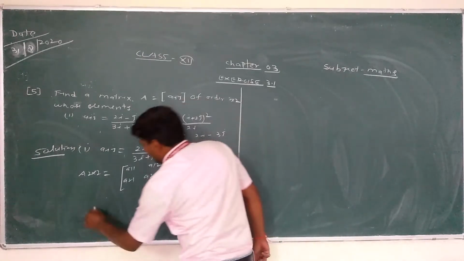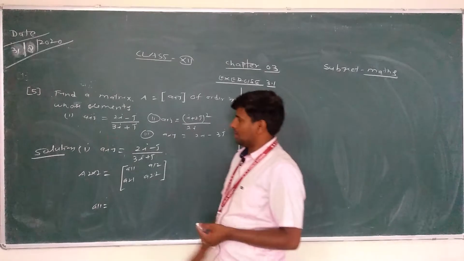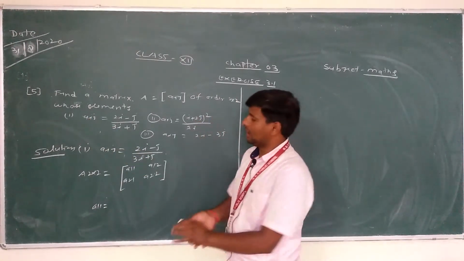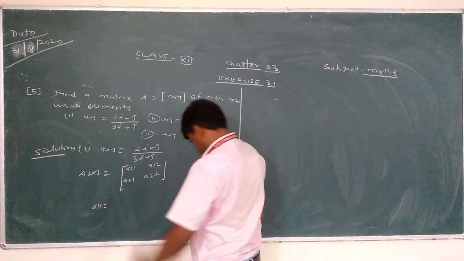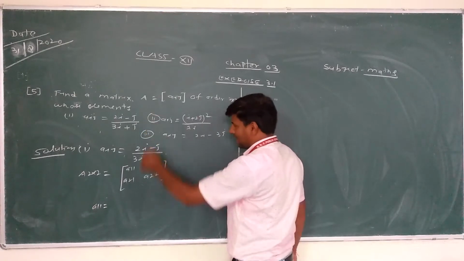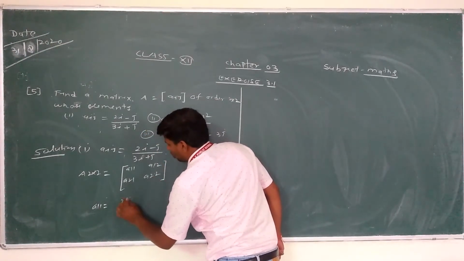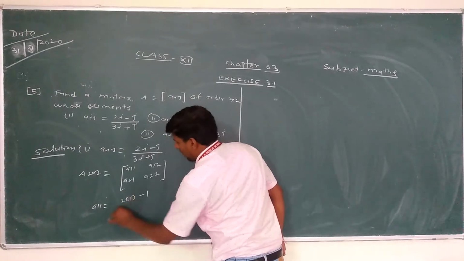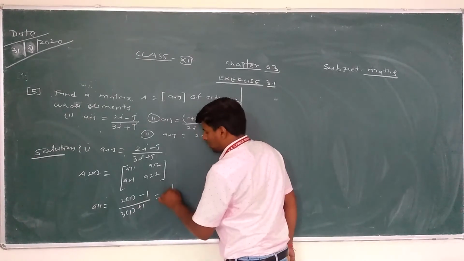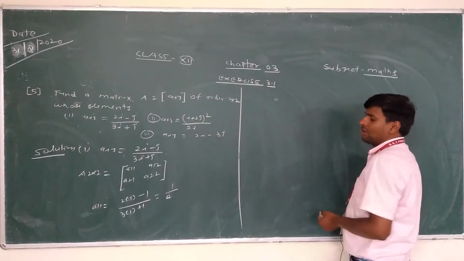Like this, we can find A11. A11 means the first row and first column element, so i equals 1 and j equals 1. Then we write: 2 into 1 minus 1, over 3 into 1 plus 2, that is 2 minus 1 is 1, 3 plus 2 is 5. So the element A11 is 1 by 5.